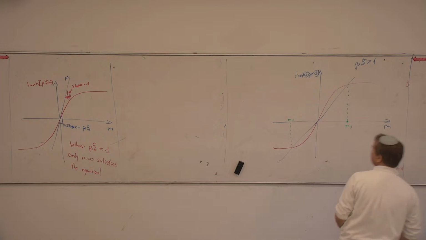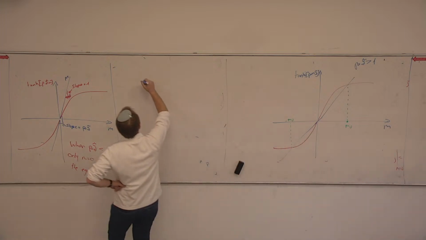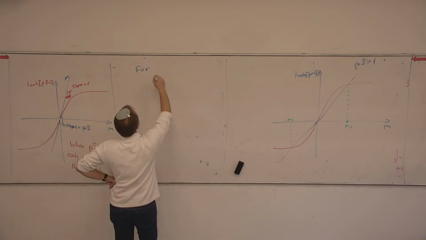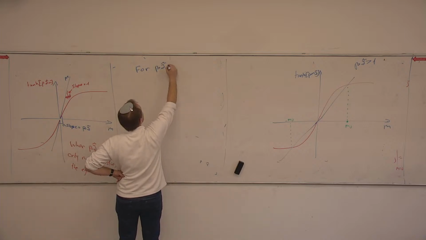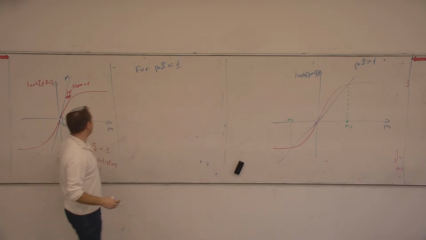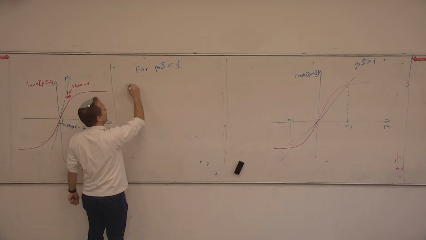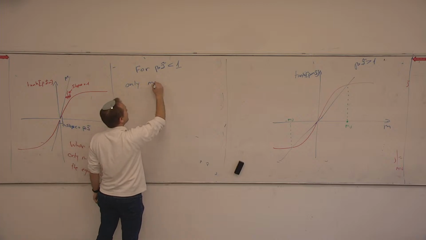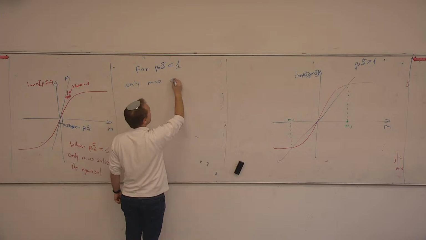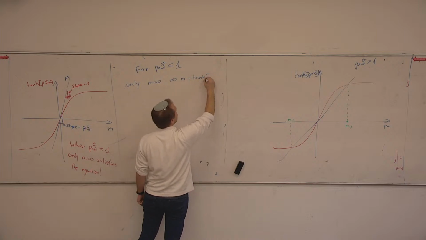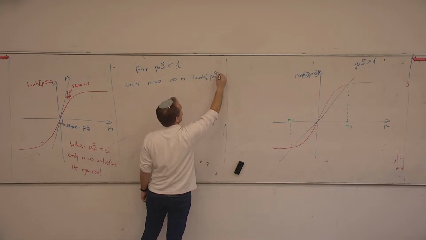So we know that for beta j tilde less than 1, there is only one point, only m equals 0 satisfies m equals hyperbolic tangent of beta j tilde m.